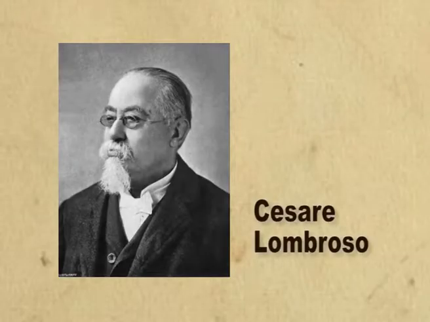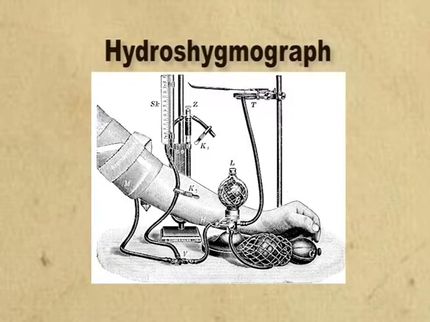The first use of a scientific instrument designed to measure physiological responses for this purpose came in 1895, when Italian physician, psychiatrist and pioneer criminologist Cesare Lombroso modified an existing instrument called a hydrosphygmograph and used this modified device in his experiments to measure the physiological changes that occurred in a crime suspect's blood pressure and pulse rate during a police interrogation.